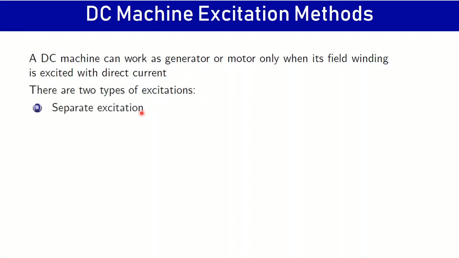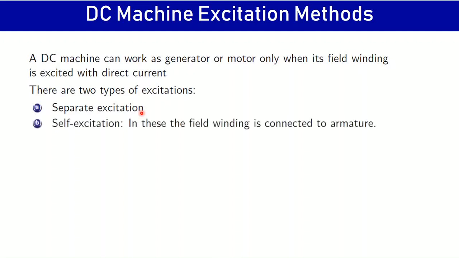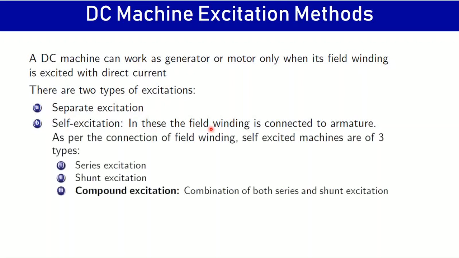One is separate excitation, when you give a separate supply to the field winding, and the other is self excitation, in which the field winding itself is connected to the armature winding. Here, because the two windings are being connected to each other, there are three possible combinations.